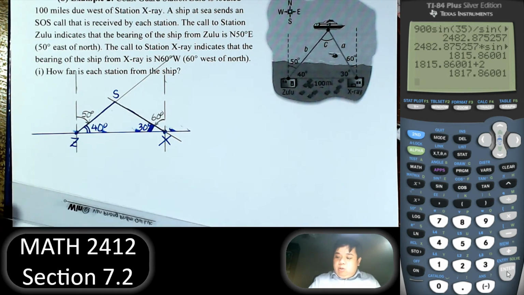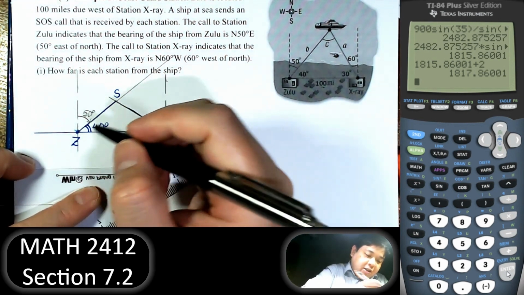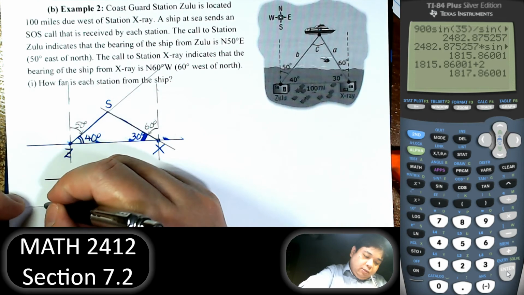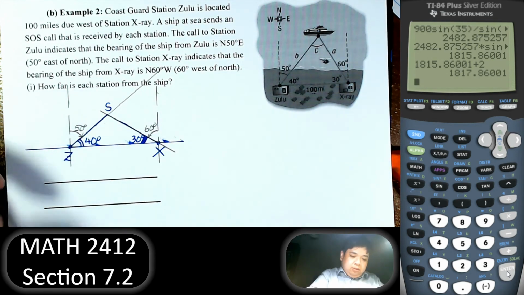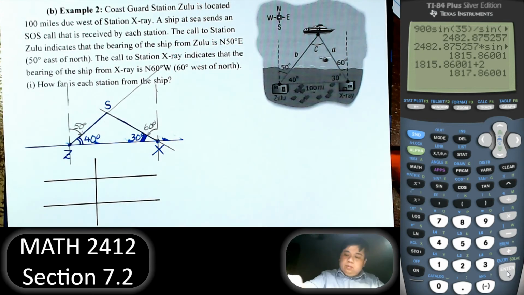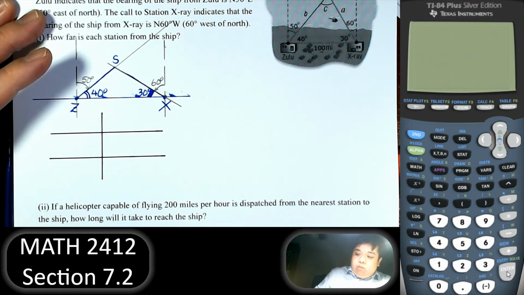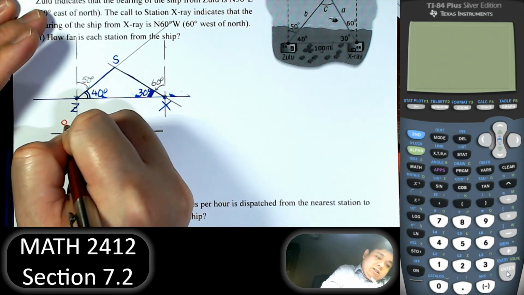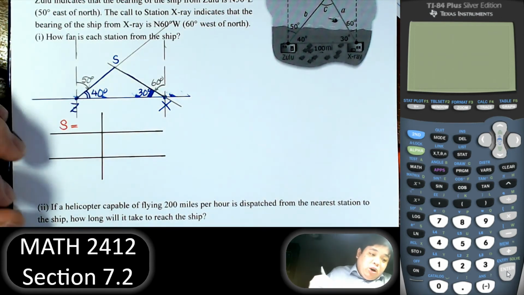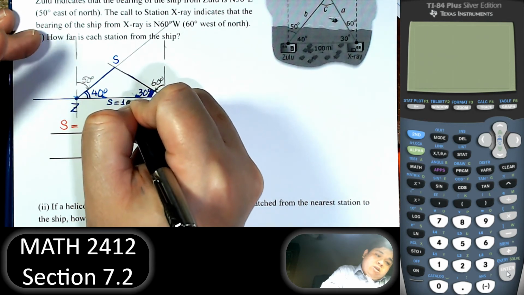But now let's just draw the triangle and summarize what we have. We don't know angle S, but we do know that the distance between the stations is 100 miles.